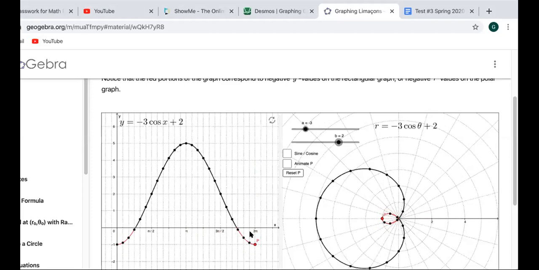And you can see it does agree with that picture. And you can watch it get drawn out. You see it starts with a portion of the inner loop, then makes the big loop, the outer loop, and then makes the other half of the inner loop.